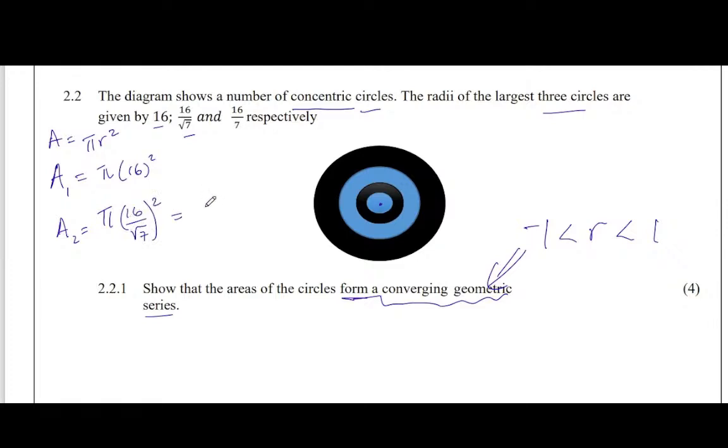So this simplifies itself to pi 16 squared over 7. When I do the same for area number 3, it's going to be pi times 16 over 7 squared, which is like pi 16 squared over 49.